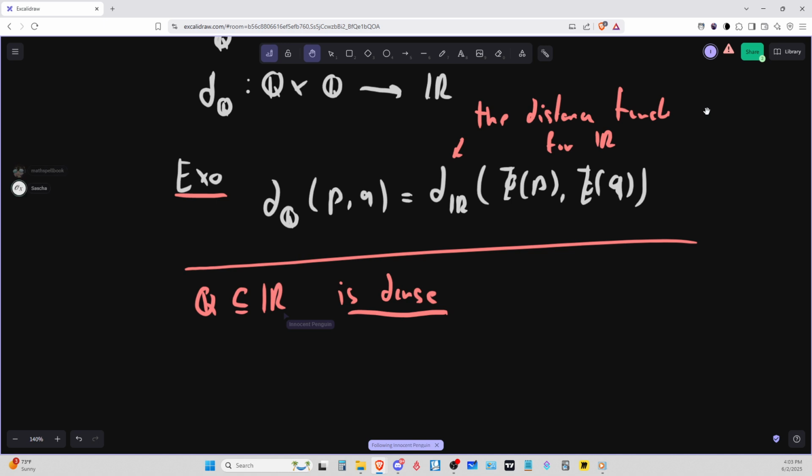Usually density is a general thing that you can make sense of in topology, but in the context of metric spaces, density is equivalent to checking that every number can be approximated by a subset of it. So here, for example, every real number can be approximated by some rational.